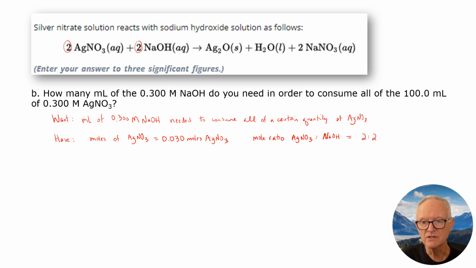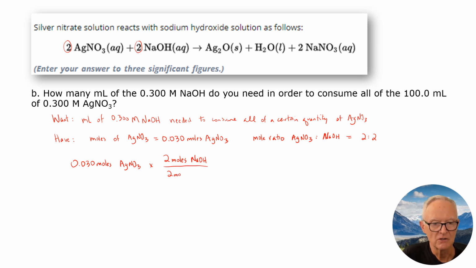And we can use that conversion factor to figure out the moles of sodium hydroxide we need. So pretty easy so far. 0.030 moles of silver nitrate. That's what we want to consume. And to get the moles of sodium hydroxide, we just use the mole ratio. 2 moles of sodium hydroxide to 2 moles of silver nitrate.